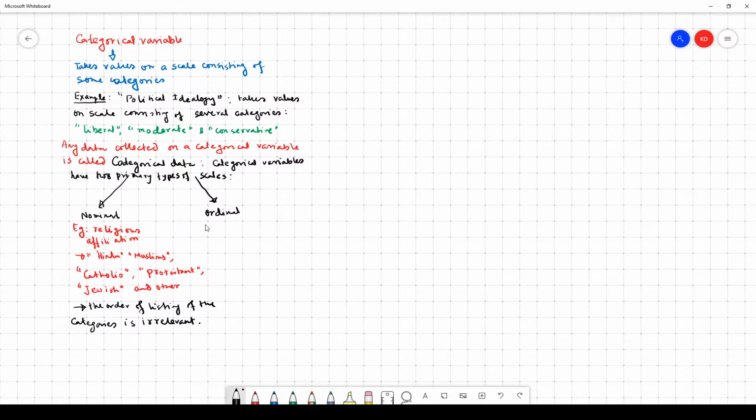And ordinal means, for example, social class, and we classify these as upper, middle, lower.